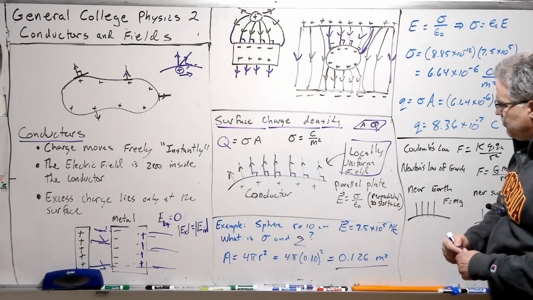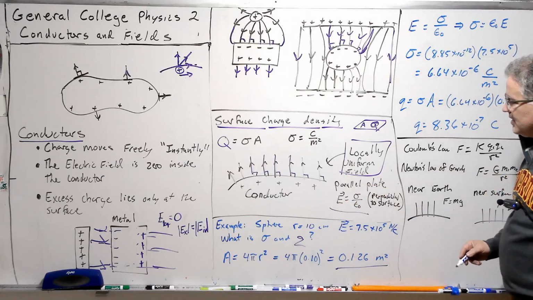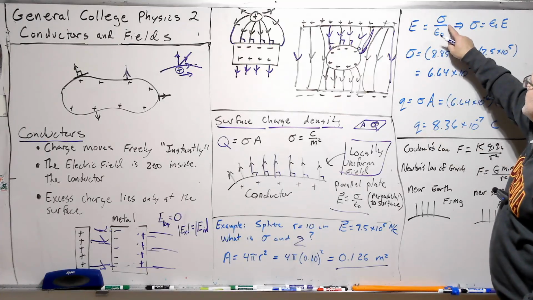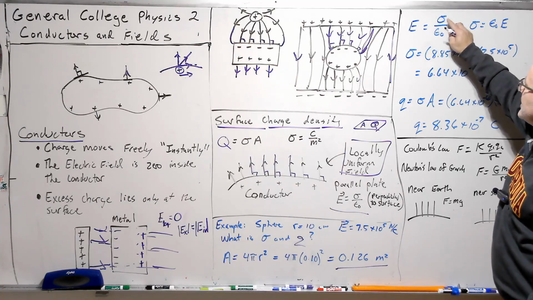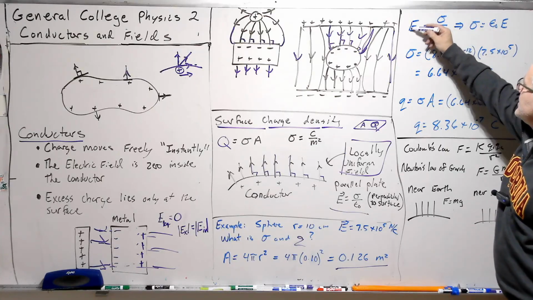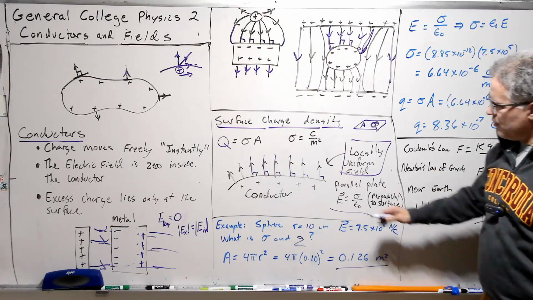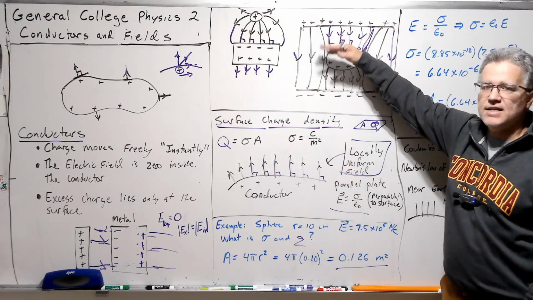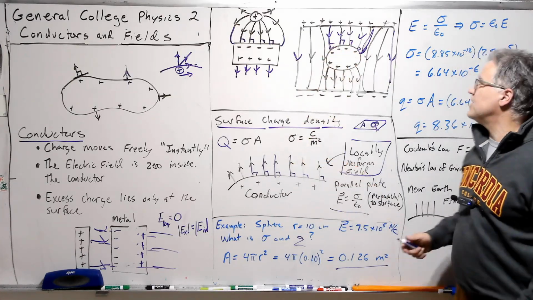Well, if we've got a parallel plate capacitor, or if we're acting like a parallel plate capacitor, then from our formula from before, this is basically Q over the area. So this is our formula for a parallel plate capacitor, or a formula where we're in a uniform field right near the surface. So we don't actually need the other plate here, as long as we're close enough to the surface.